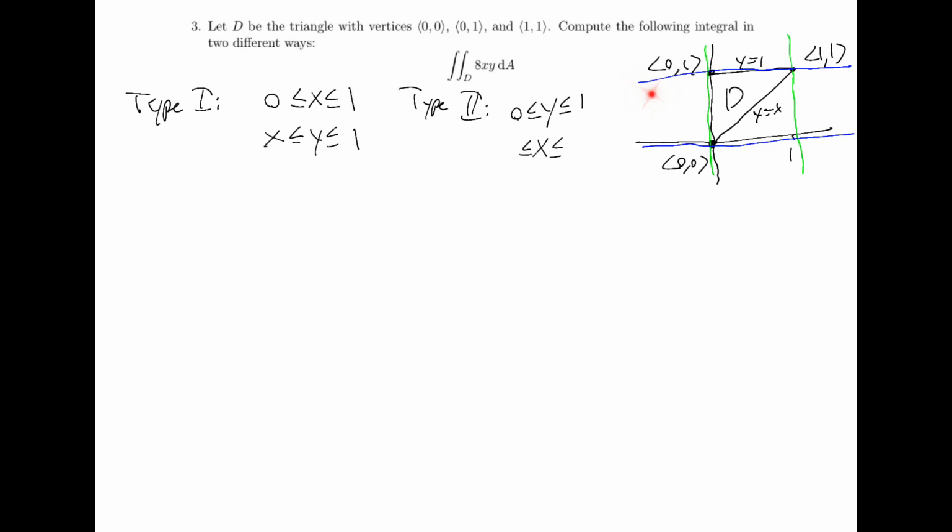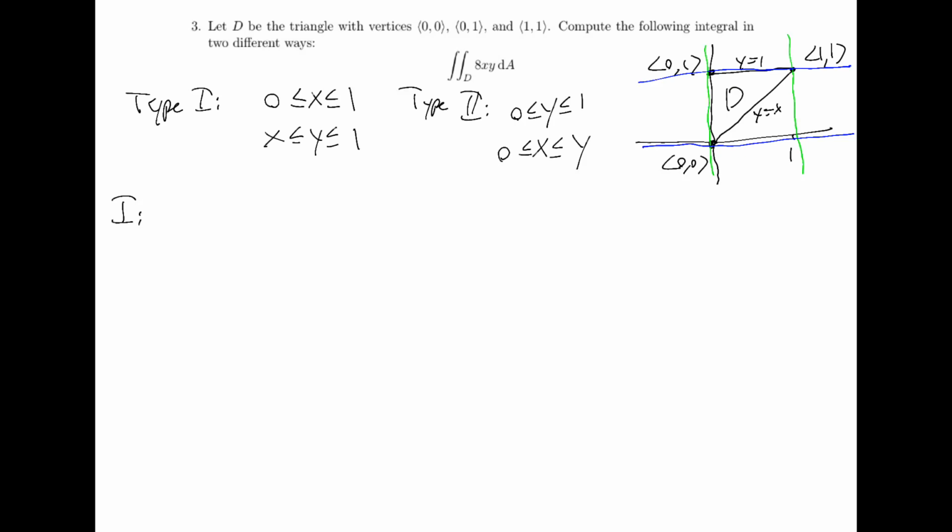The start curve here is this one, and this one is the end curve. So it starts on this curve, which is the y-axis, namely x equals 0, and it ends on this curve where x equals y. So it goes from 0 to y. This is the most important part of such a question. And now we just have to compute it.